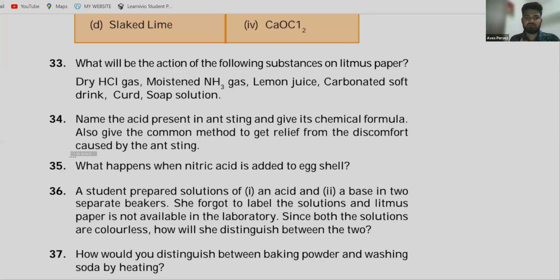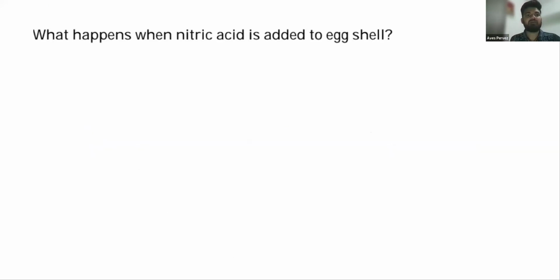I'm asking, do you think hydrogen gas is produced, or some other gas? What is eggshell? Eggshell is calcium carbonate, CaCO3. Carbon dioxide is produced. Yes, carbon dioxide is produced, along with water, H2O.